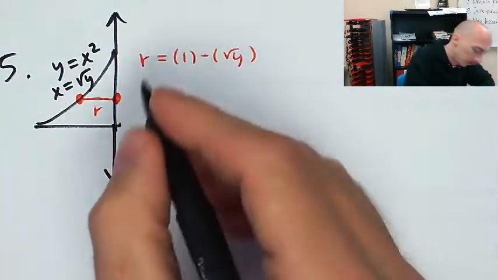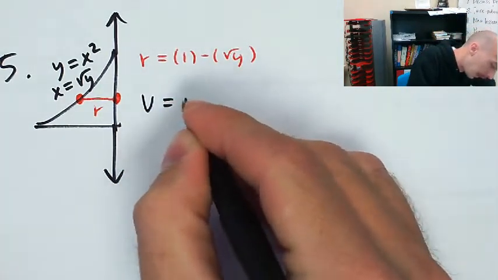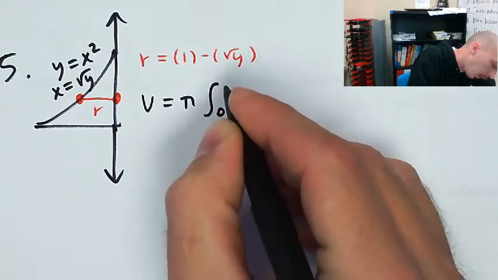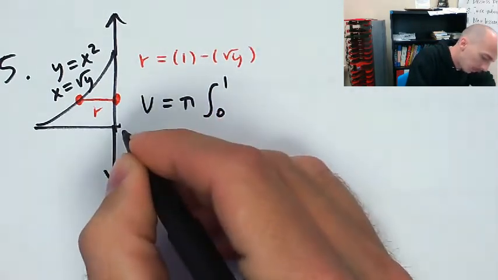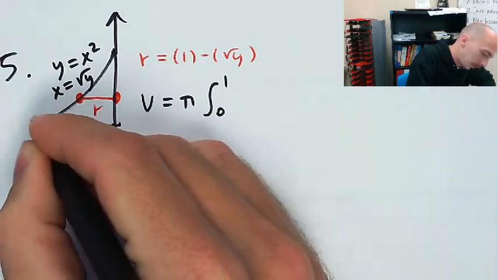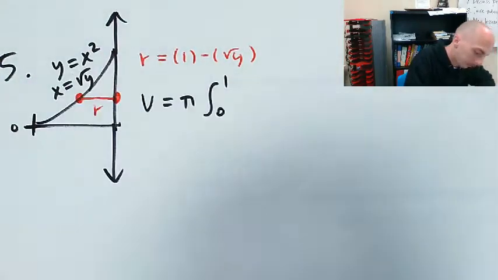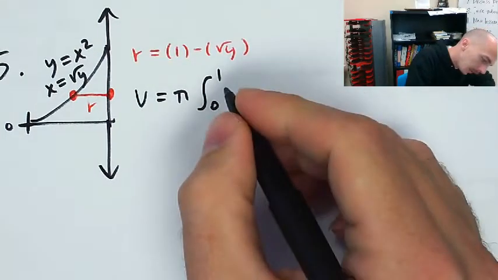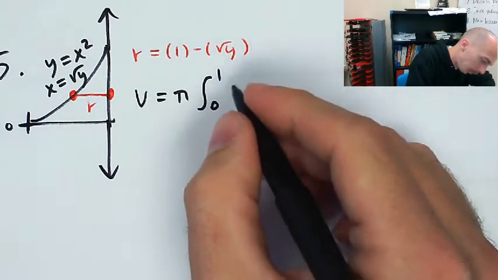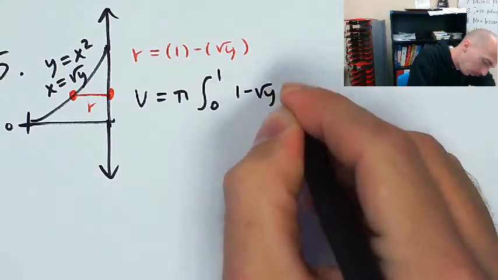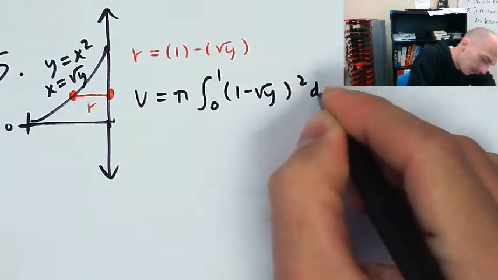Okay. And then volume is going to be pi times the integral from y equals 0 to y equals 1. That's y equals 0, and up here is y equals 1. And r squared, so 1 minus square root of y, dy.